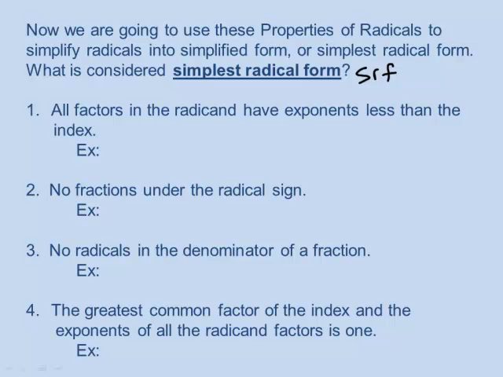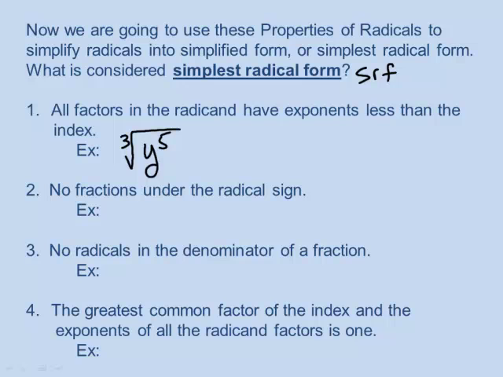Rule number 1. All factors in the radicand have exponents less than the index. Remember, radicand is what is underneath the radical sign. So for example, let's say you're working a problem and you get it down to this point right here, the cubed root of y to the 5th.